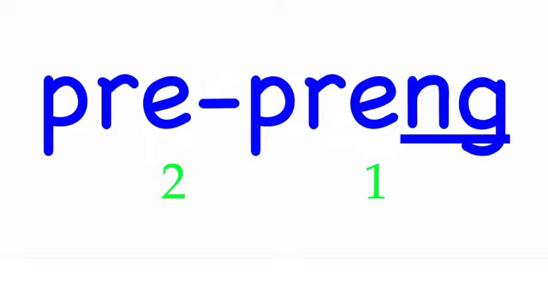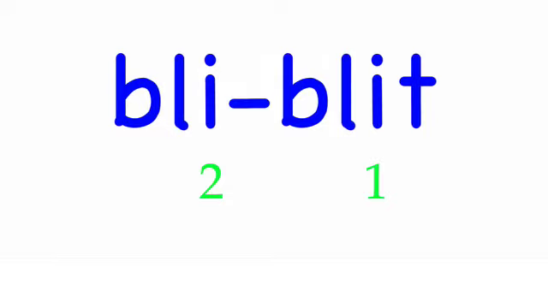The next word pair, bly, blit. Bly, 3 sounds, b, l, I. Blit, 4 sounds, b, l, i, t. Bly, blit. Shrow, shrop.